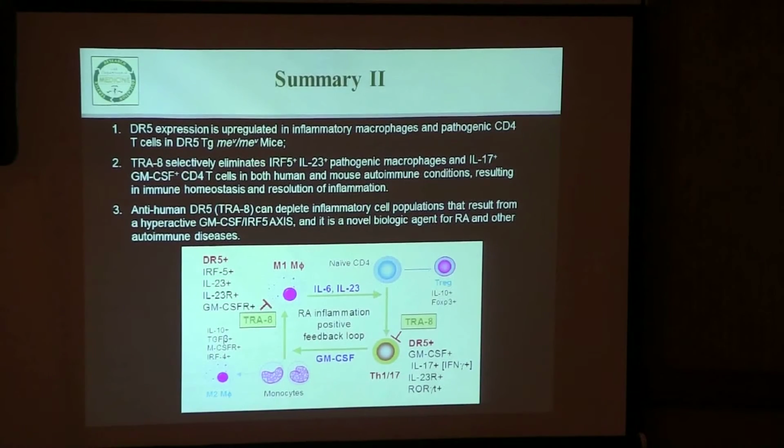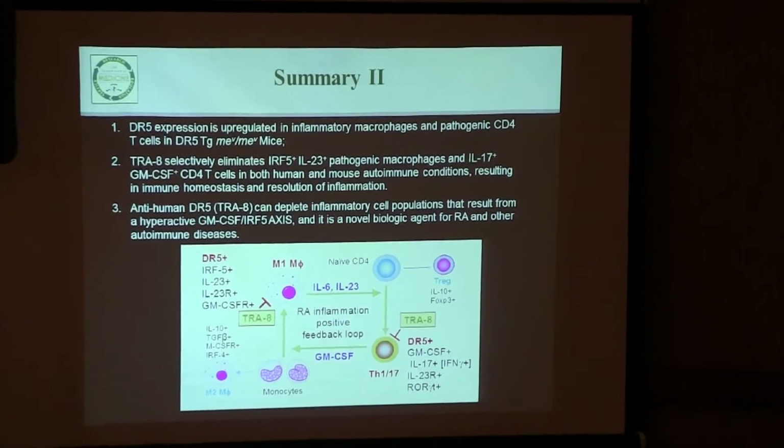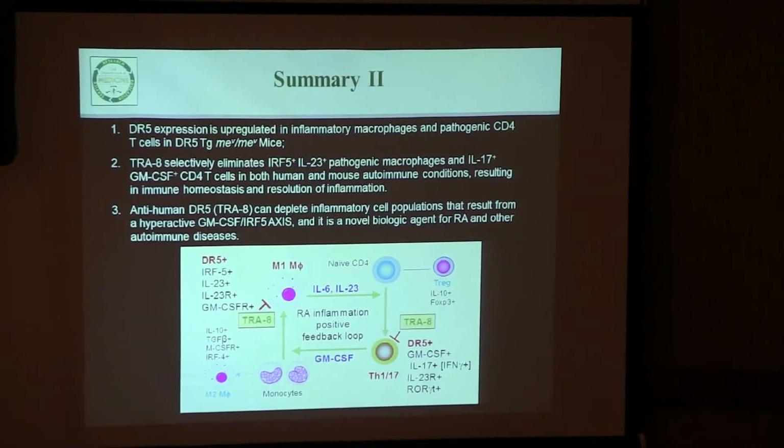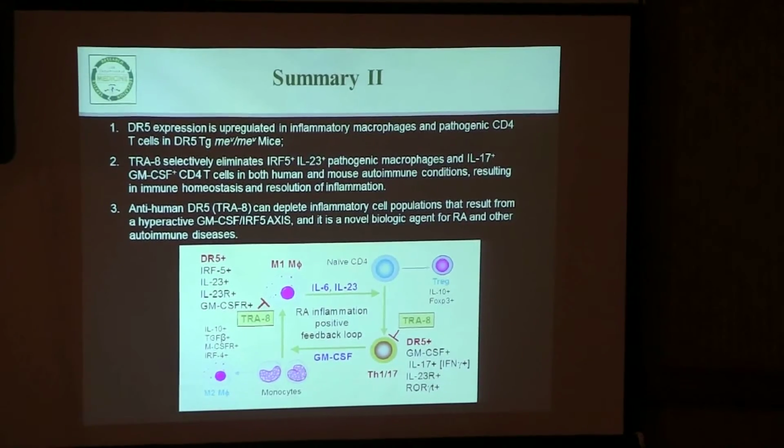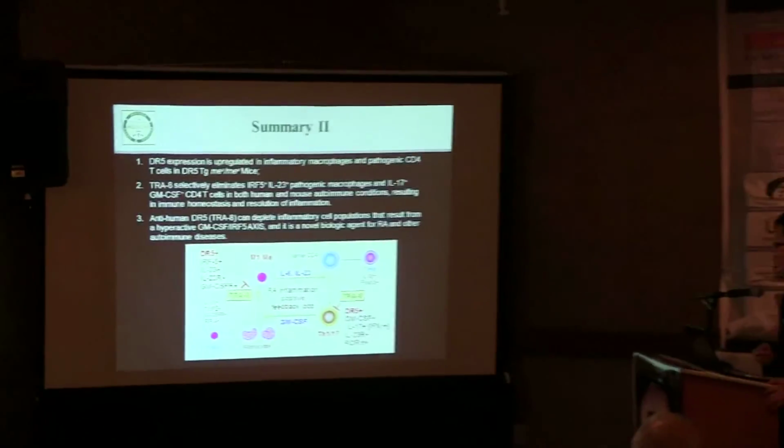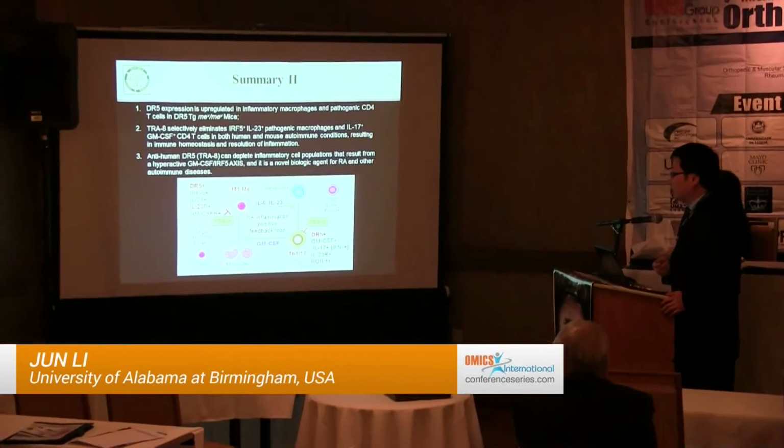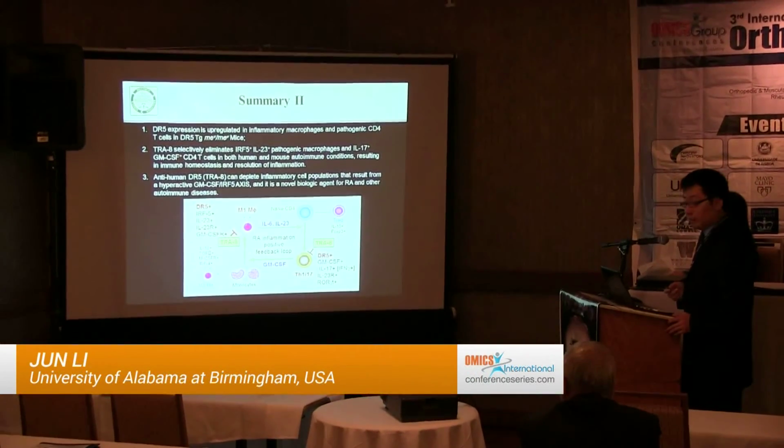So this is the summary of part 2. DR5 expression is upregulated in inflammatory macrophage and pathogenic CD4 T cell in DR5 changing mice, including CIA and mouse-eater mice. And Tri-A can selectively eliminate the IRF5 positive, IL-23 positive macrophage, and also IL-17 positive GM-CSF positive CD4 T cell in both human and mouse autoimmune condition, resulting in immune homeostasis and resolution of the inflammation.